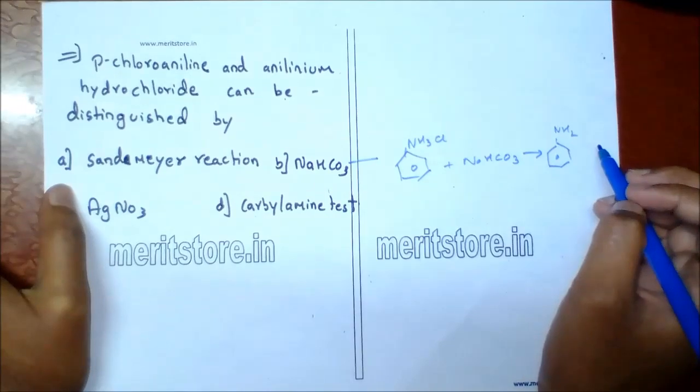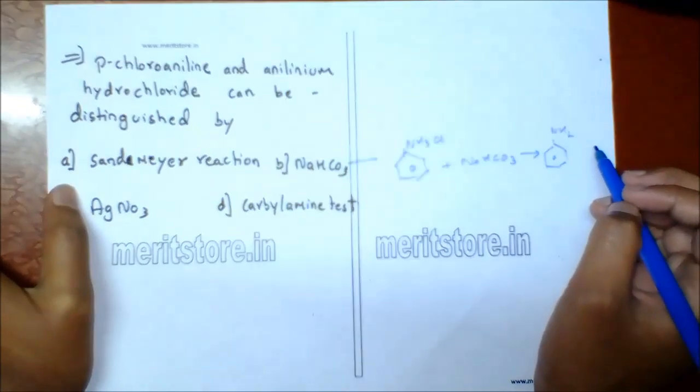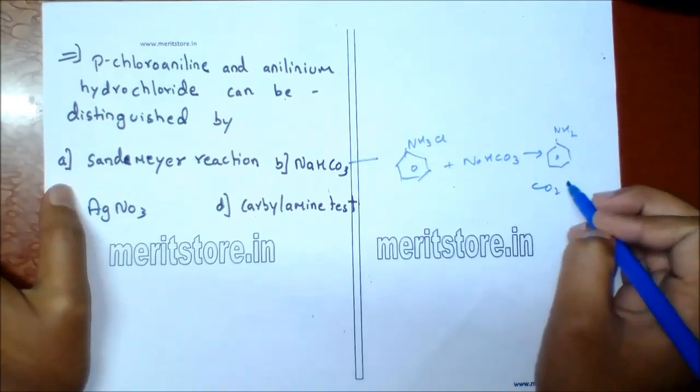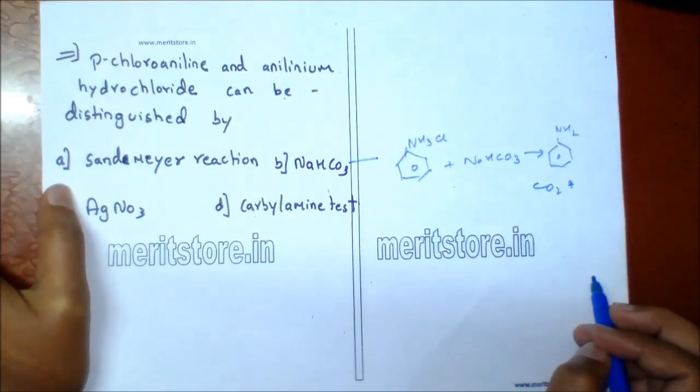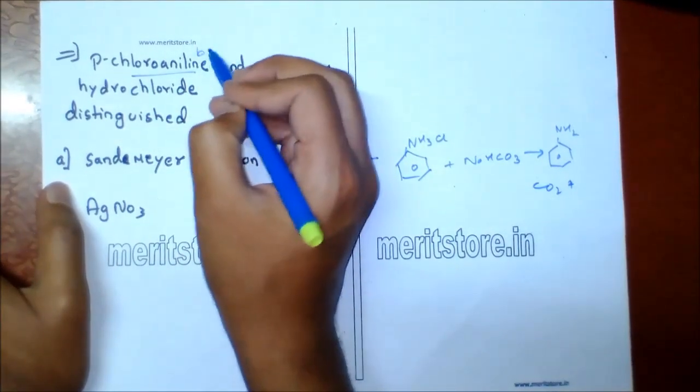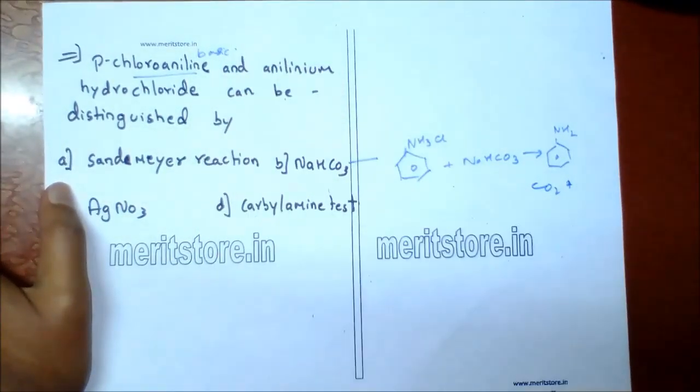So anilinium hydrochloride is an acid salt and liberates carbon dioxide from NaHCO3, but parachloroaniline is basic and not acidic. It does not liberate carbon dioxide.